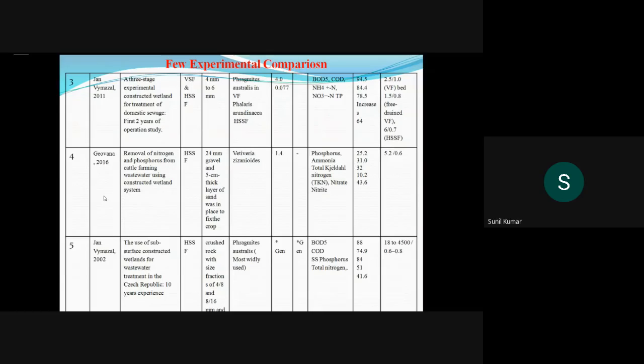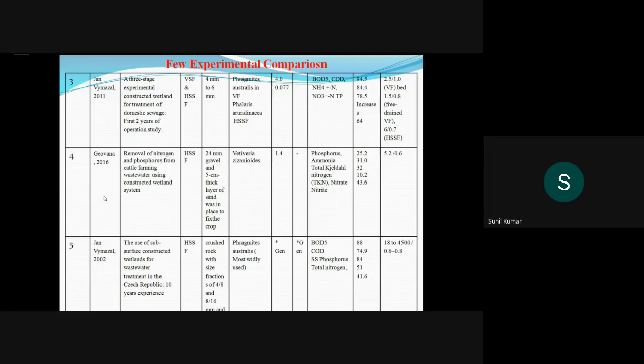In Indian conditions, another plant which is widely used is Canna indica, which gives flowers and has good aesthetic appearance. Cattail is also widely used.